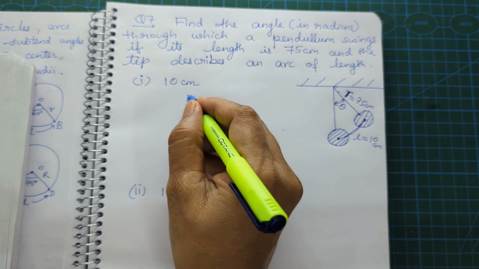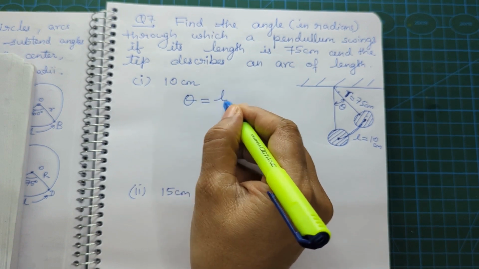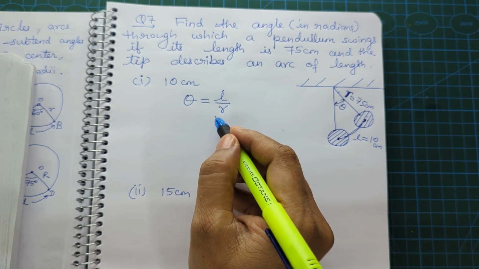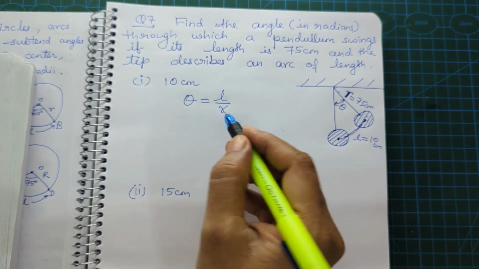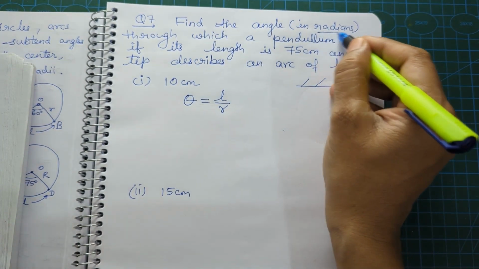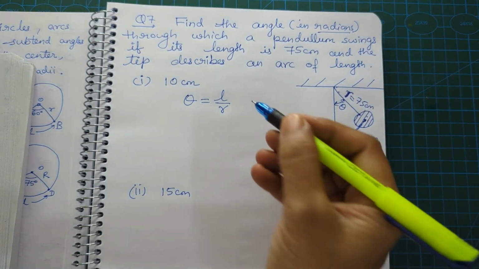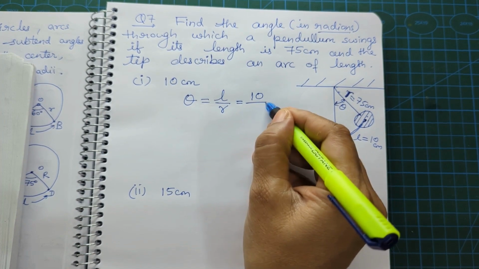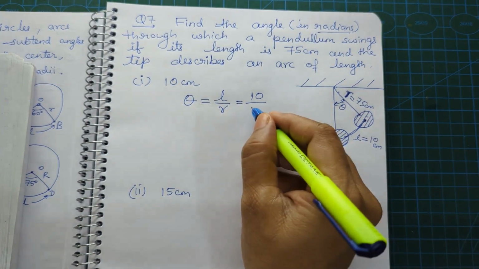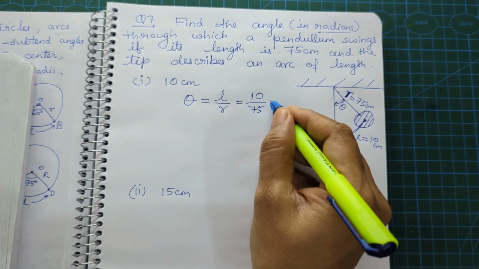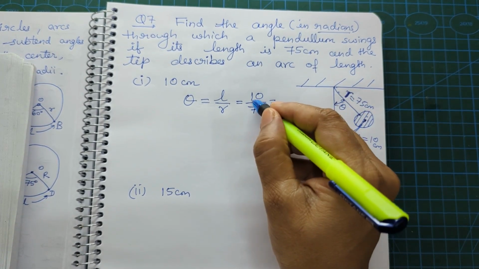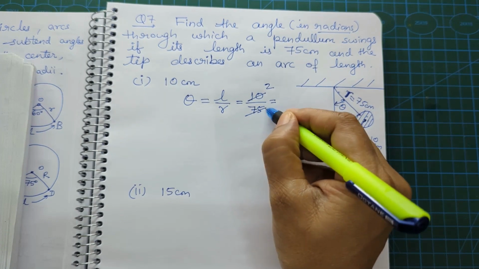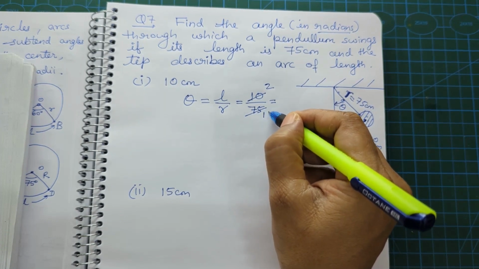So we know that theta is L by R, and using this formula, whenever we find angle, the angle will be in terms of radians. So we have to tell angle in radians only, so not much calculation is involved. Length of the arc in the first case is 10 centimeter and radius of the swing is 75 centimeter. So we can go for 5 table, 5 twos 10, 5 15s 75.